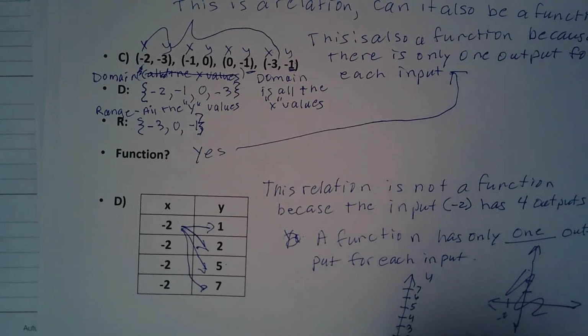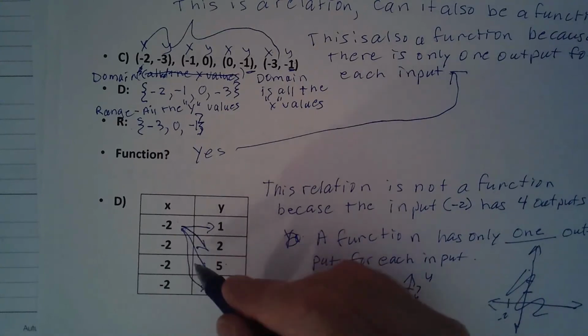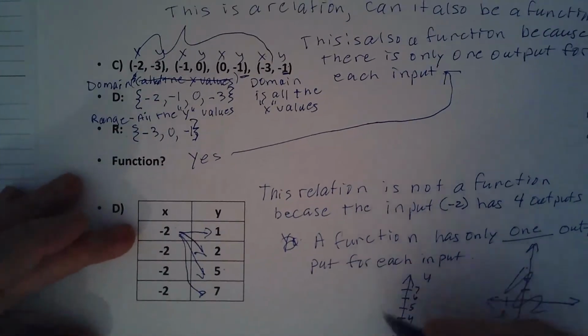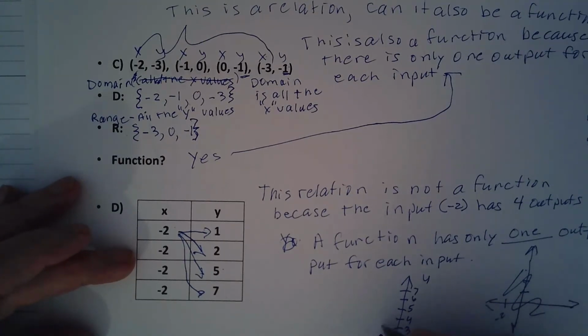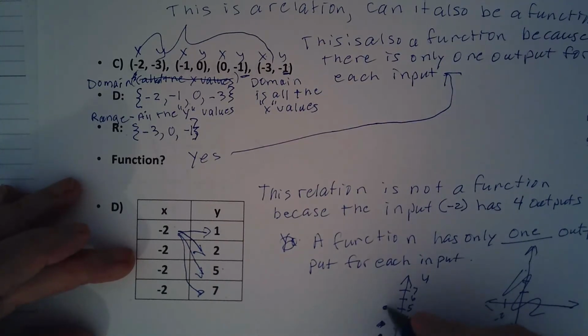All right, so if I were to graph this set of points, I'd have -2, 1, x is -2, y is 1. Then I would have x is -2, y is 2. Then x is -2, y is 3. Oh, 5, I'm sorry. -2, y is 5.